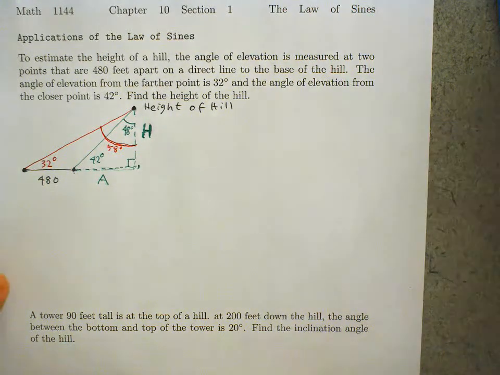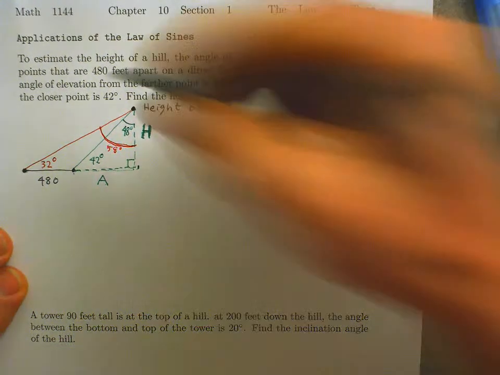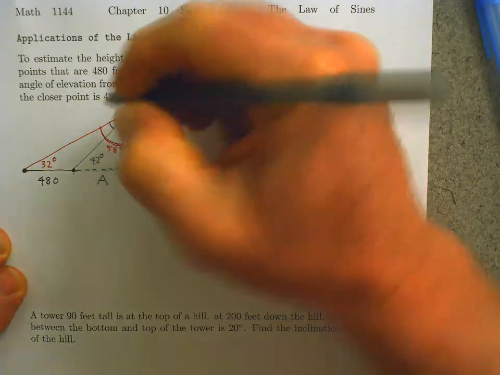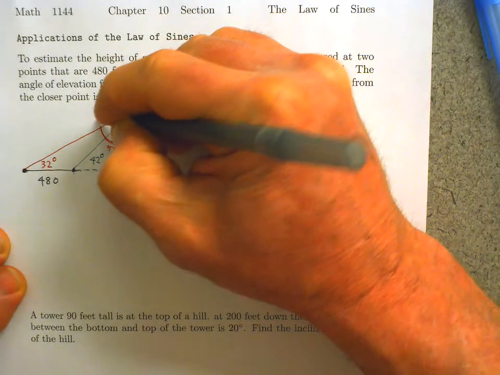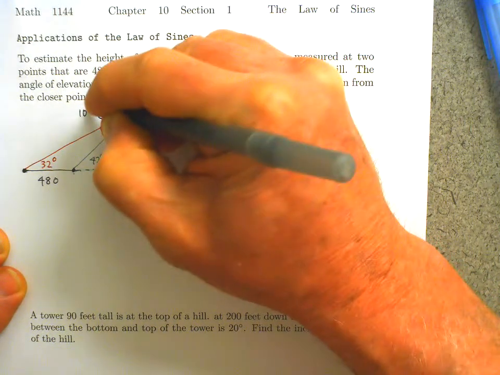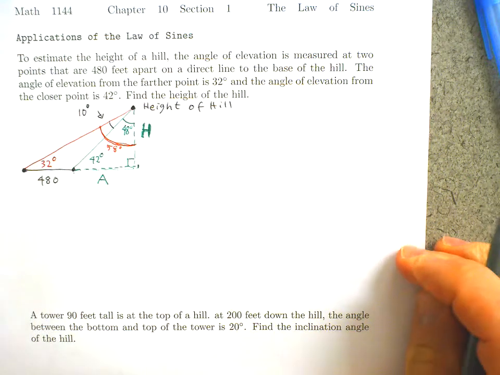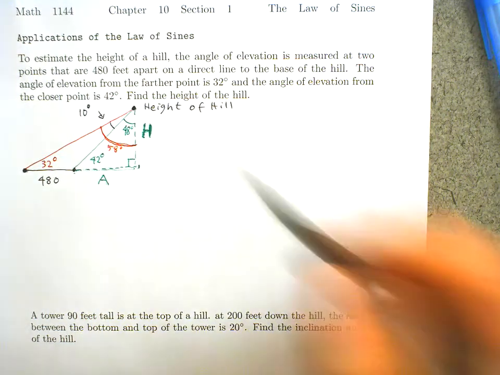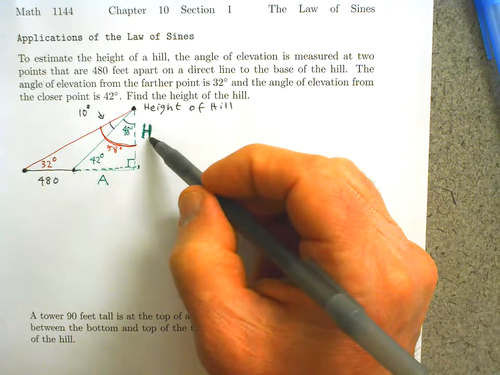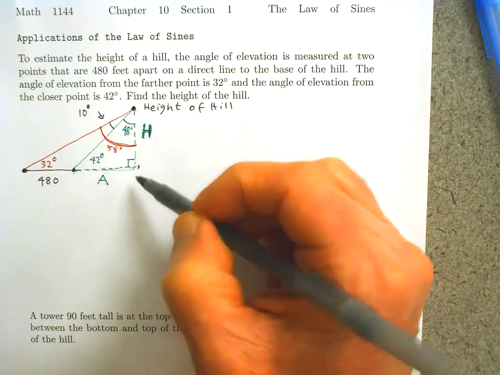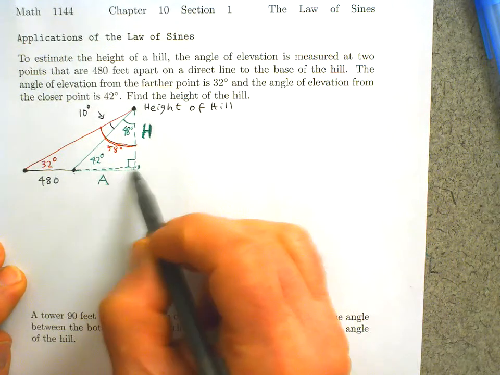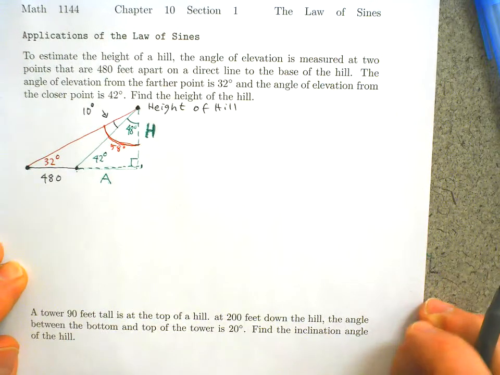And that means that this smaller angle up here is 10 degrees. Okay, so we want to know what H is, and we probably also need to know what A is.